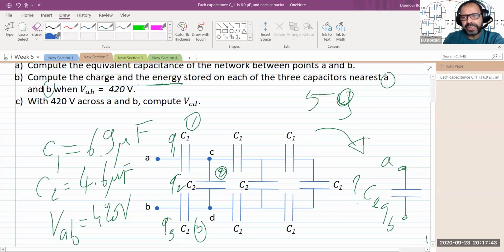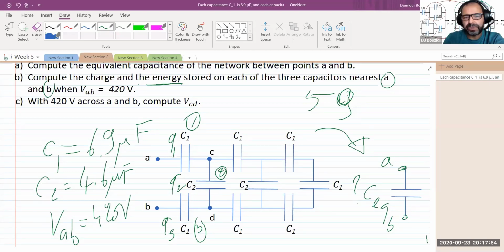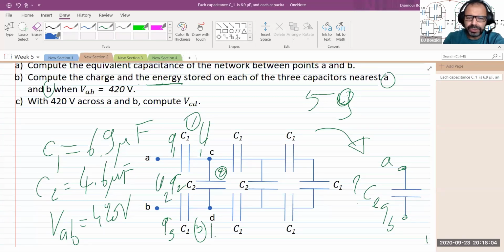Does everybody understand this part? At least the charge. And also they want something else. You guys see that? They want something else other than the charge. Energy? So I need U1, I need U2, and I need U3. Correct?